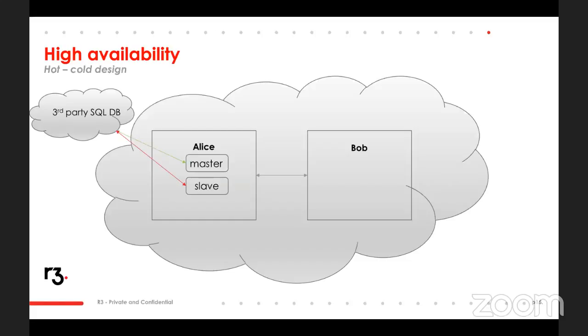Then we replaced the Alice node with 2 nodes, one master, one slave, both identical, both having the same legal identity in the R3 network. And then lastly, we implemented MQ replication for the peer-to-peer connections in order to prevent loss of messages in case of node failure.